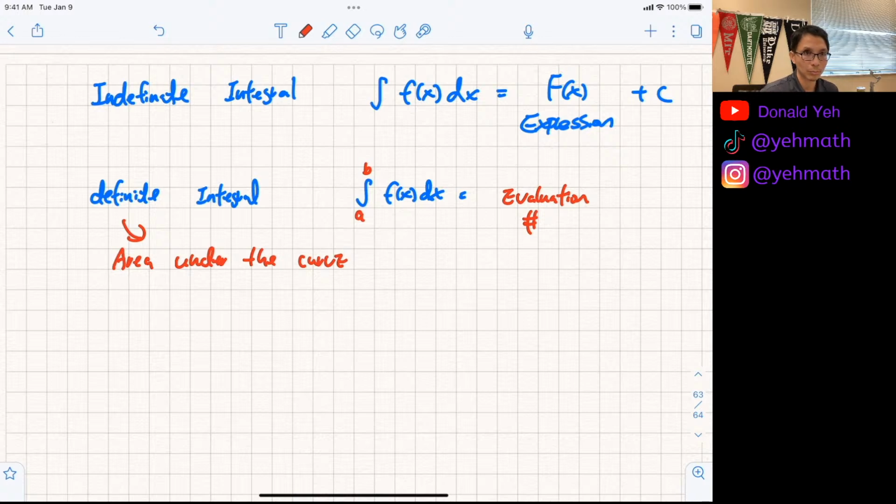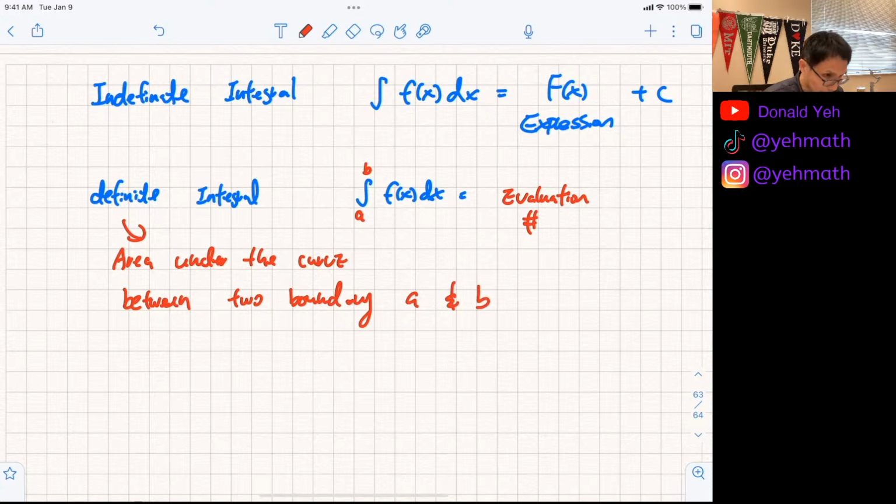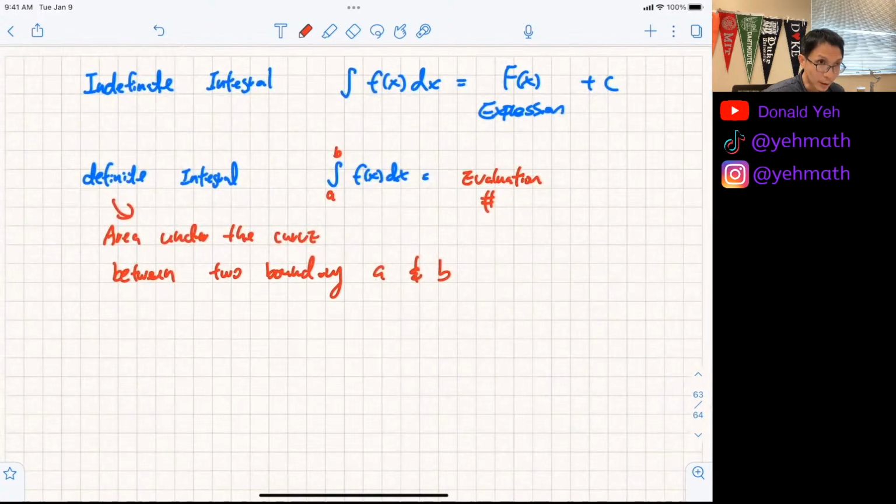No. So area under the curve, and that's a definite integral between two boundaries, a and b. So that's easy. This is the easiest part.